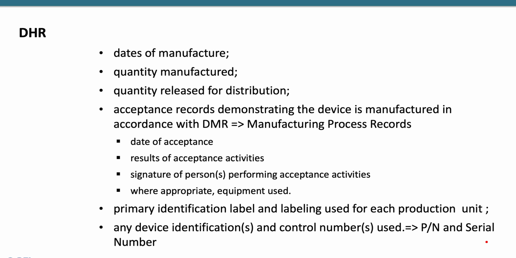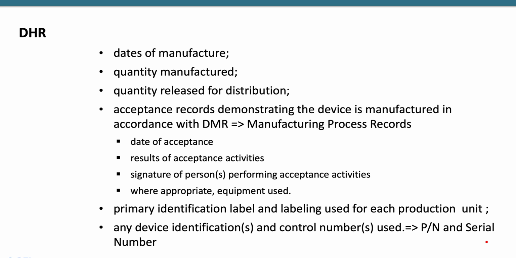So I mentioned the device history record is the repository of confirmation of the production records. It includes all the manufacturing process records, and it includes several more documents. One of those we call the device history record form. This form contains several sections. It records the date of the manufacture, the quantity that was manufactured, the quantity released for distribution.